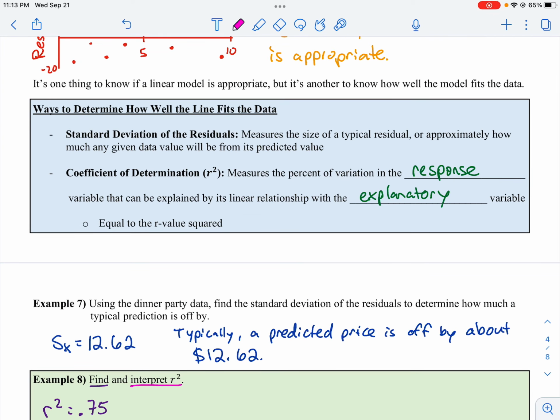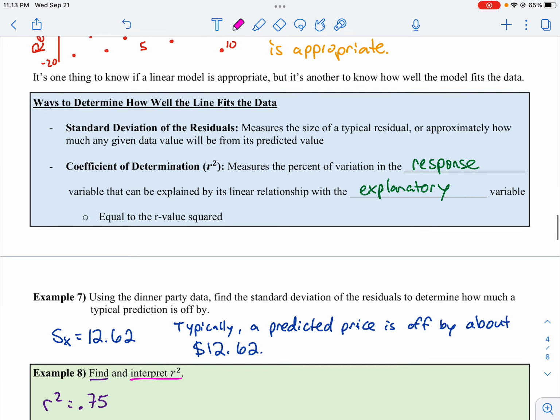R squared measures the percent of variation in the response variable.